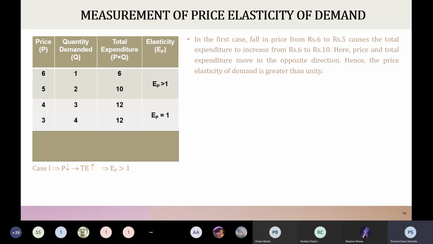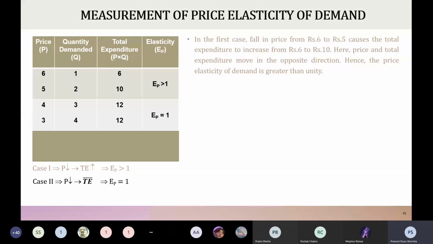The initial total expenditure is 12, and with the fall in price from 4 rupees to 3 rupees, the total expenditure is again the same, that is 12 rupees. So total expenditure in the second case remains constant with the fall in price. So this is the case of EP is equal to 1.